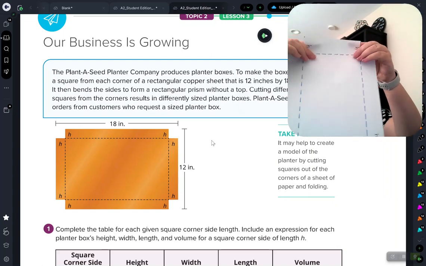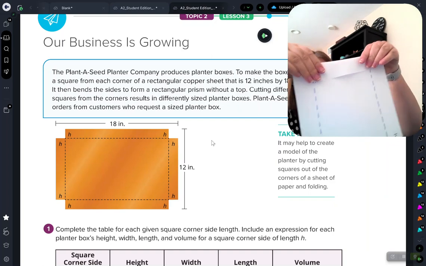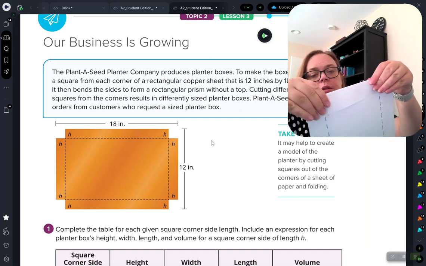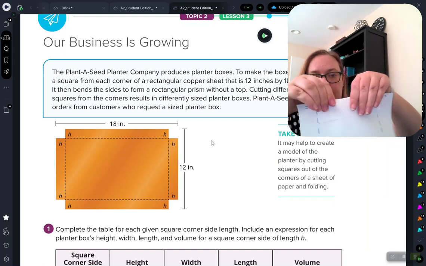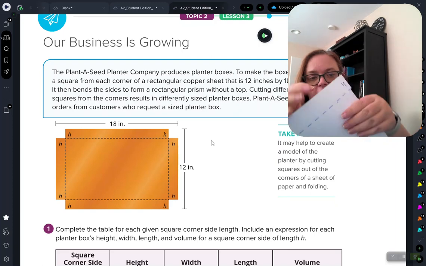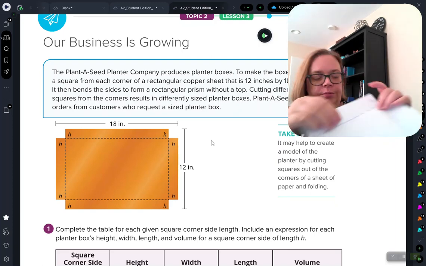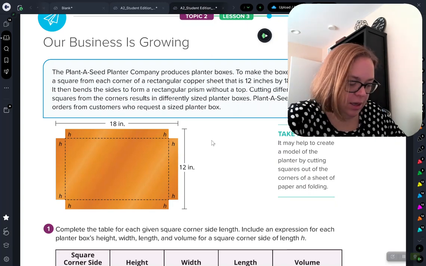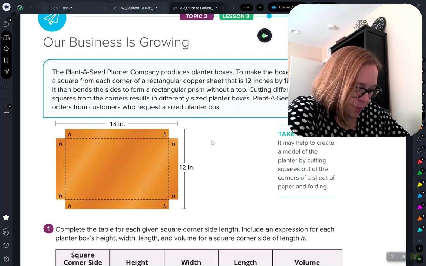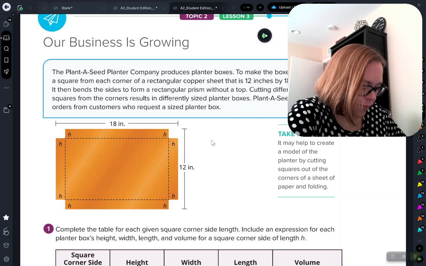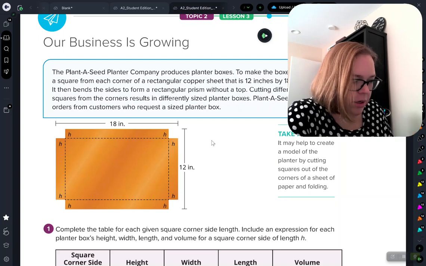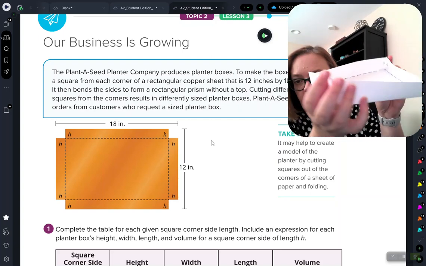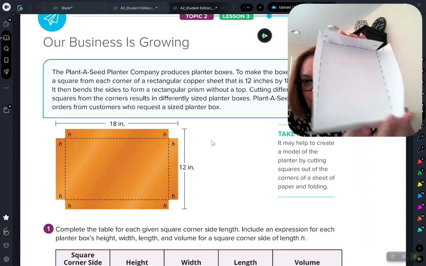So if you fold along those dotted edges, see if I can do this a little bit better by not doing it in the air. Okay, you can see it's going to fold up to be a box.